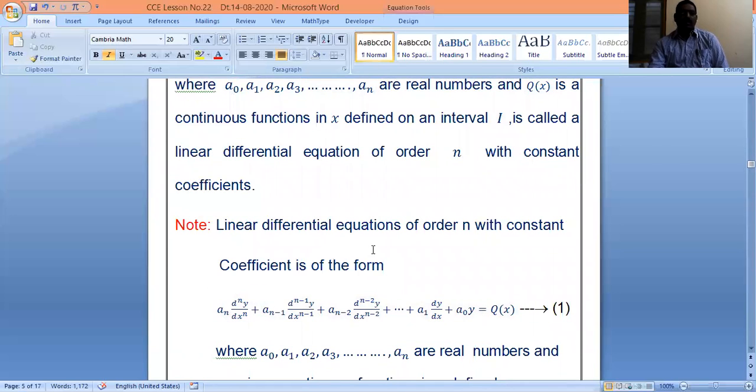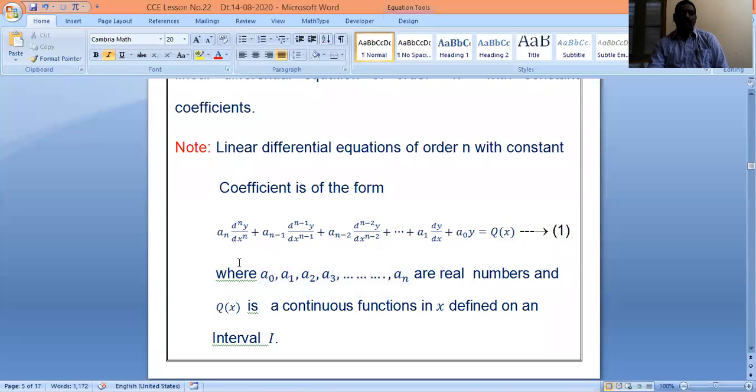A linear differential equation of order n with constant coefficients is of the form a_n d^n y/dx^n + a_(n-1) d^(n-1) y/dx^(n-1) + a_(n-2) d^(n-2) y/dx^(n-2) up to and so on a_1 dy/dx + a_0 y = q(x).